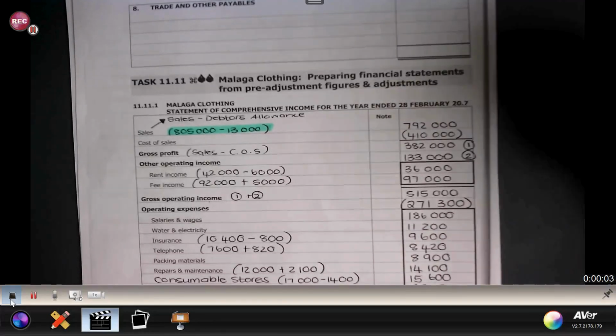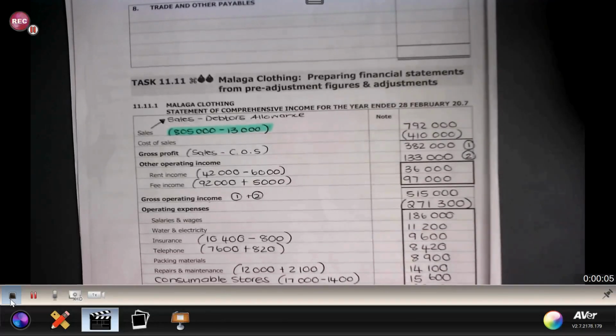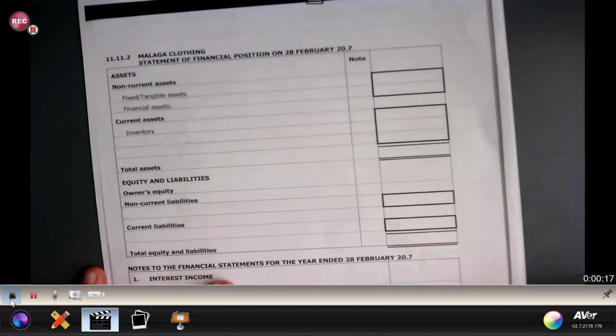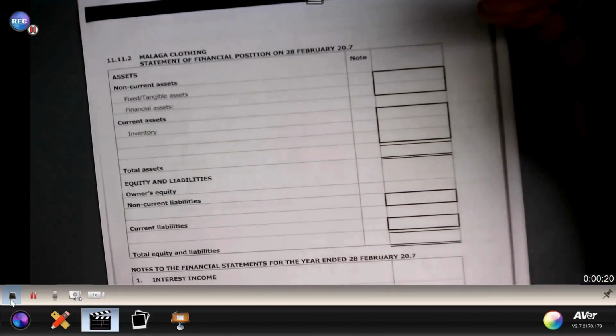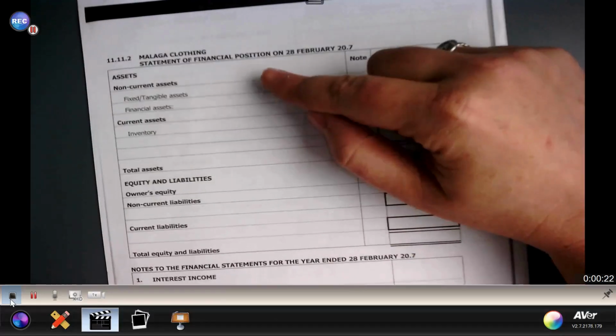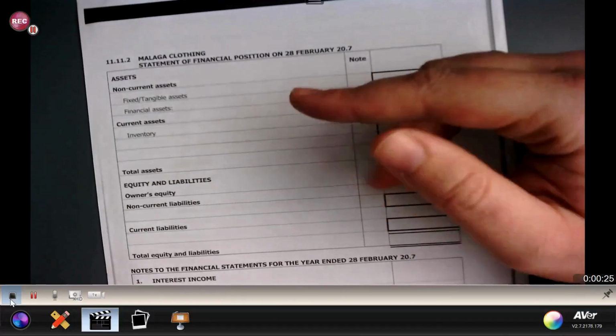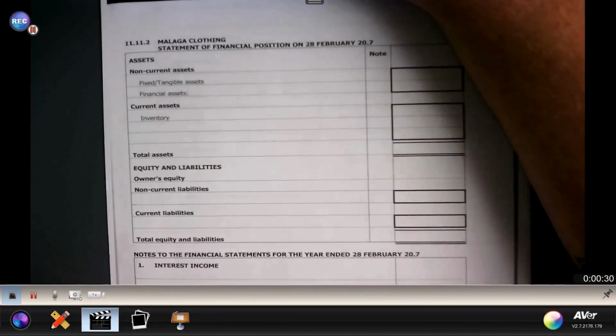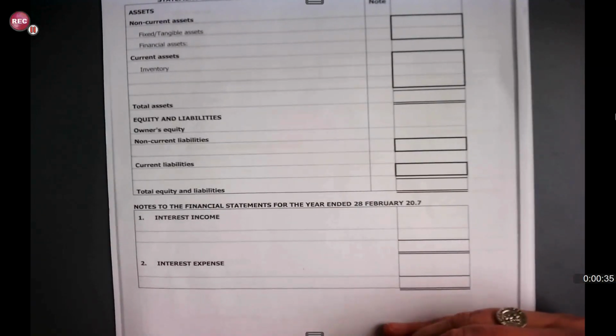So using the income statement that we did in the previous video for 11.11, we can now do the balance sheet, the statement of financial position for the business. On the next page you get a breakdown of your balance sheet: your non-current and current assets, your owner's equity, your current and non-current liabilities, and below that the financial statement notes.